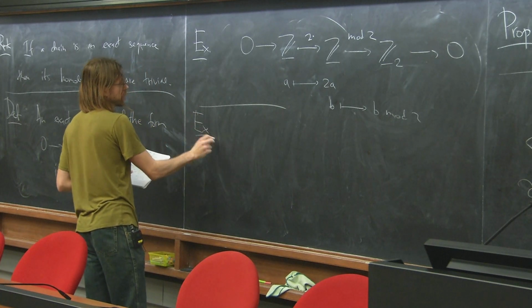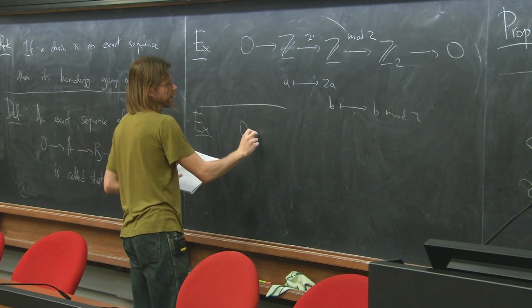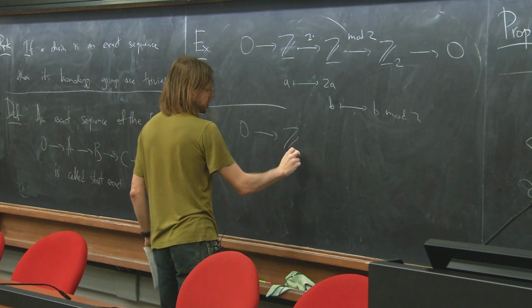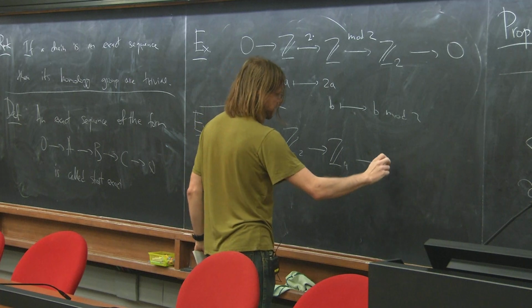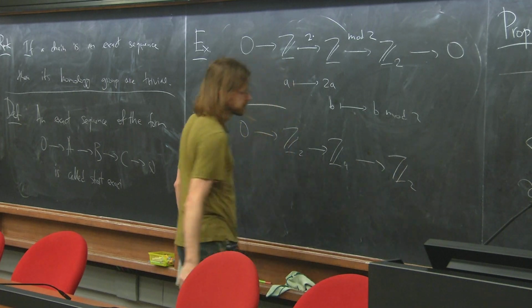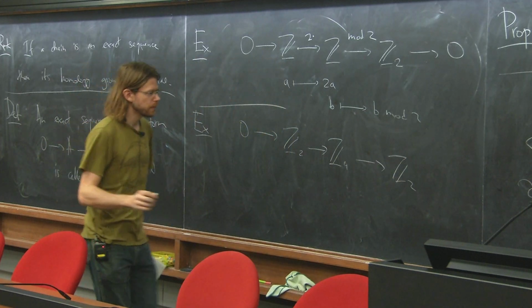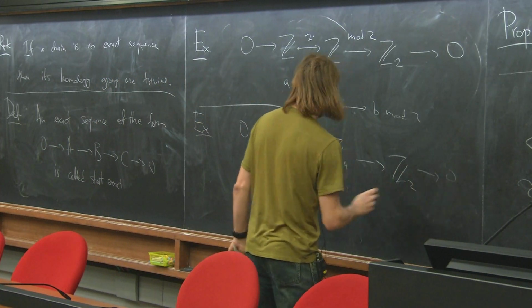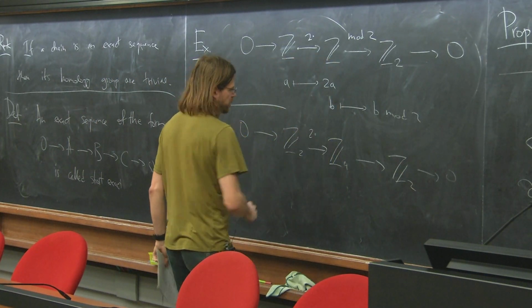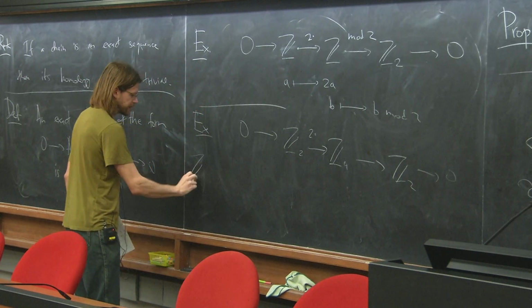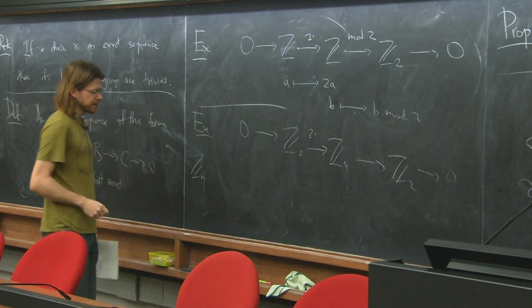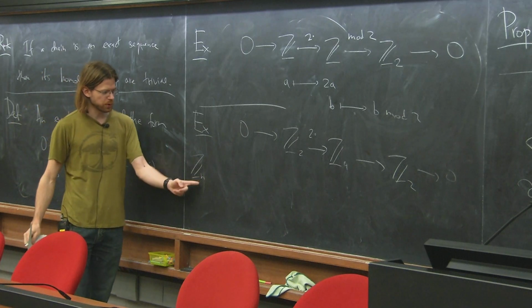Another example, where all groups will be finite. Take also multiplication here. In our course we use this notation, Zn, for the group of numbers modulo n.